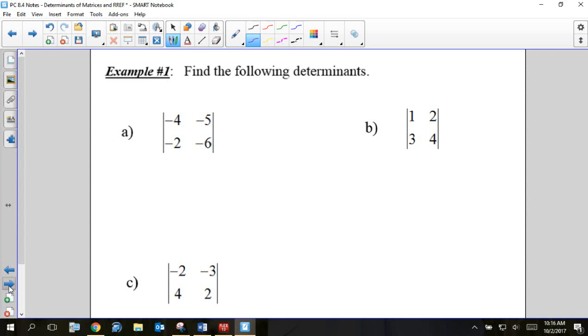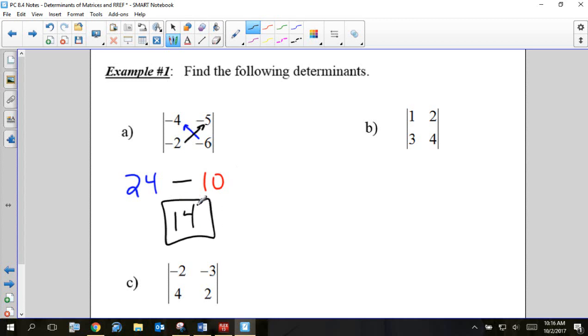So here are the 2 by 2s. So again, big one. We're going to cross multiply up. So we'll do negative 6 times negative 4, 24. And then you always subtract, and you cross multiply up. Negative 2 times negative 5, 10. 24 minus 10 is 14.